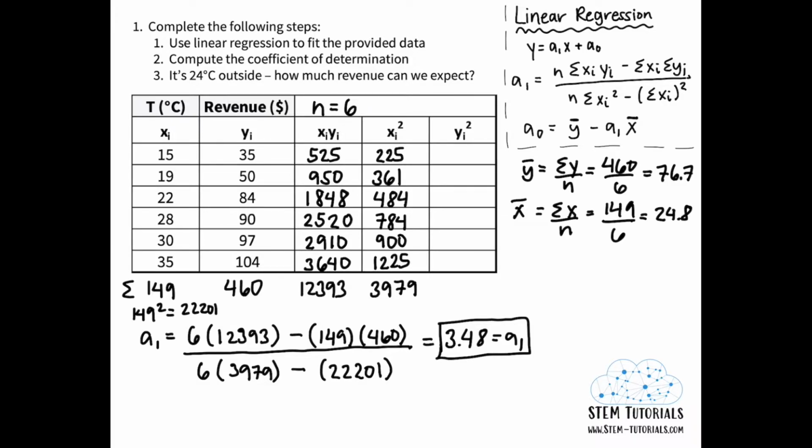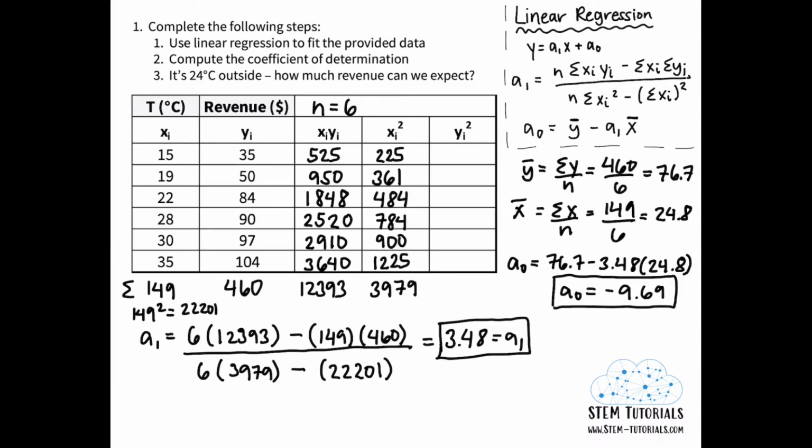And so substituting this all into our y-intercept equation, we get that our A naught equals our mean of the y value, so 76.7, minus our slope that we calculated, the A1, 3.48, times our x value, 24.8. When we calculate this, we get that our y-intercept equals negative 9.69.